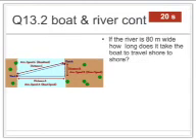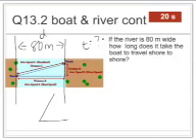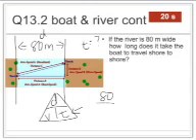Part 2 of boat and river will ask for time. So on this problem, we have 2 banks of the river, and it's telling us that from bank to bank is 80 meters, and that is a distance. We're looking for how long does it take to travel shore to shore, so we're looking for time. We're going to go back to the very beginning of physics, where we had our velocity, distance, time triangle, and we are looking for the t, so we're going to take our distance divided by the velocity.